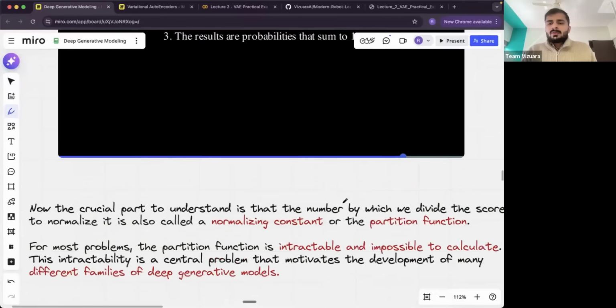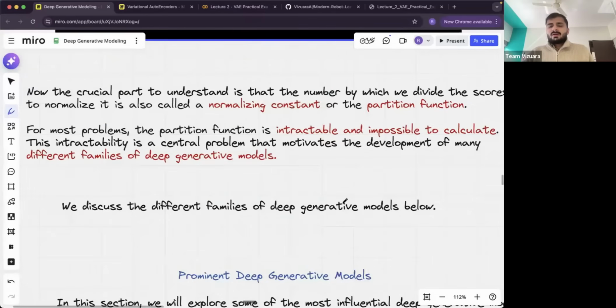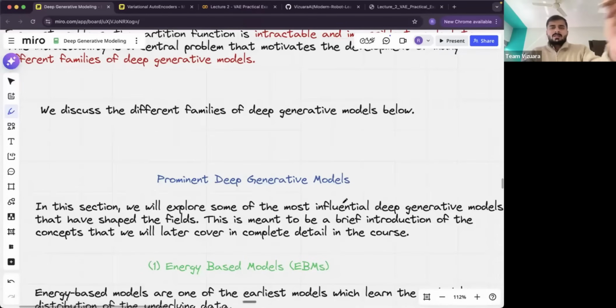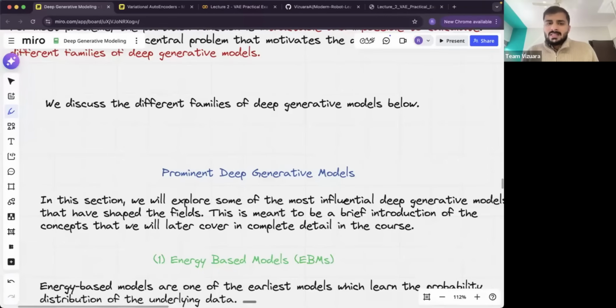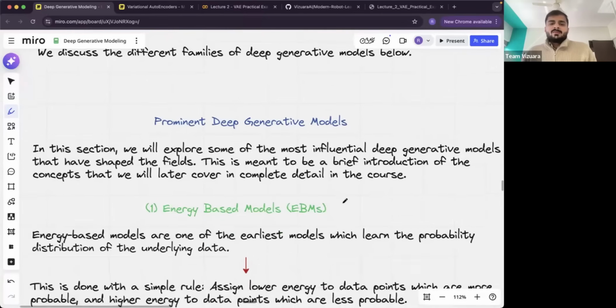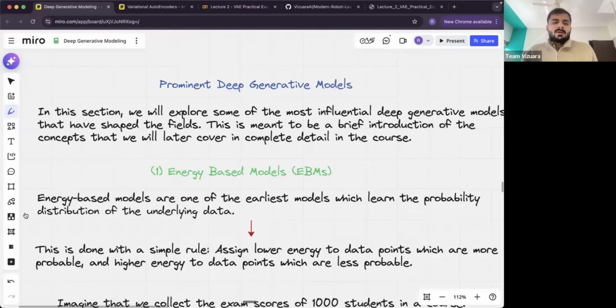Okay, now we come to a very interesting part, which are the different types of deep generative models. In this bootcamp, we are going to cover only one of these types. But I want you to be aware of the entire spectrum which exists in the literature so that you can also explore some of these models in your own time. The first set of models are called energy-based models.